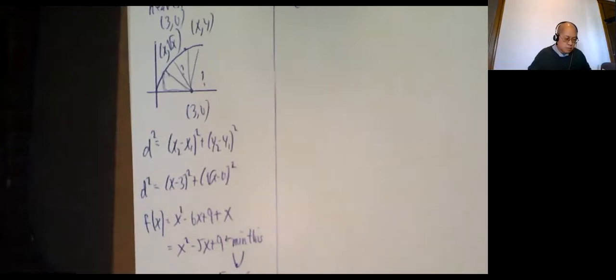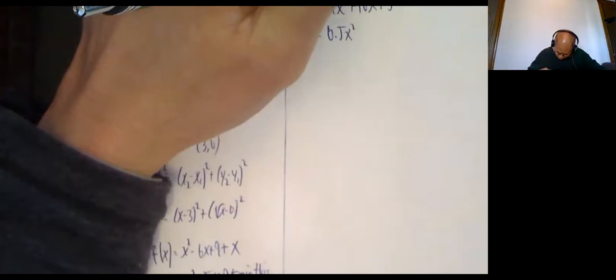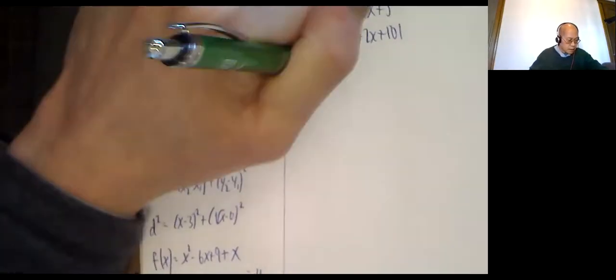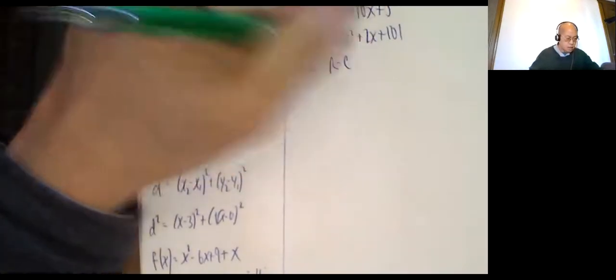C is equal to 0.5x squared plus 2x plus 101. Maximize R minus C.